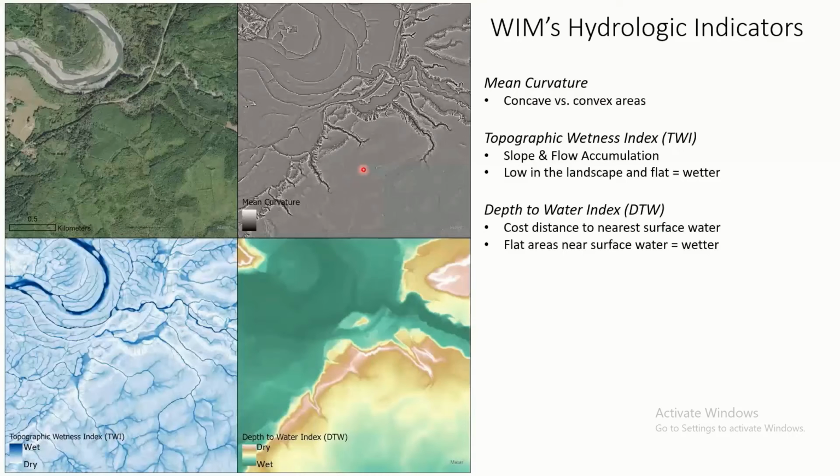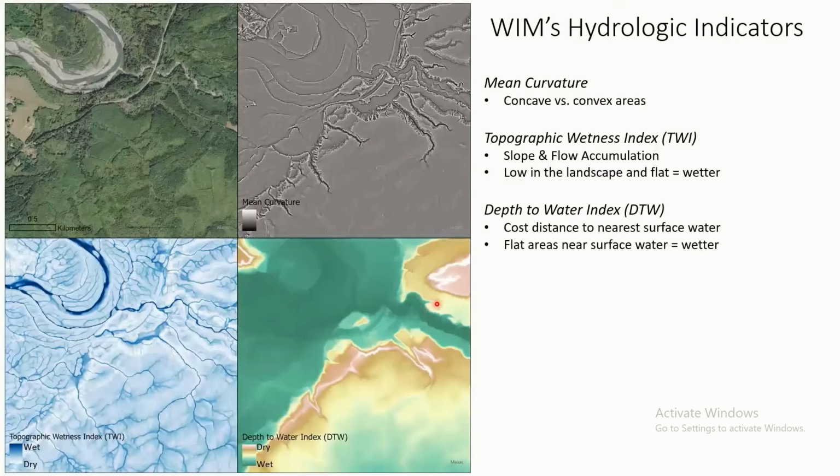And the third baseline hydrologic indicator is this depth to water index, or DTW. And we can see here that as we have those more turquoise hues, that is modeling wetter areas in this landscape, versus the upland drier areas as we move up to those brown and white colors.